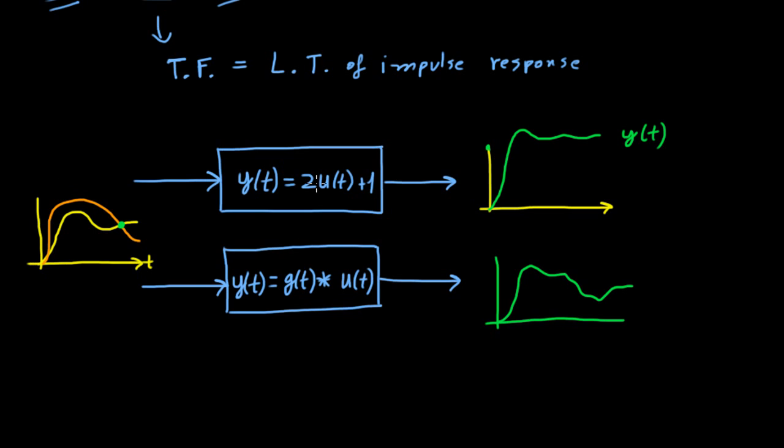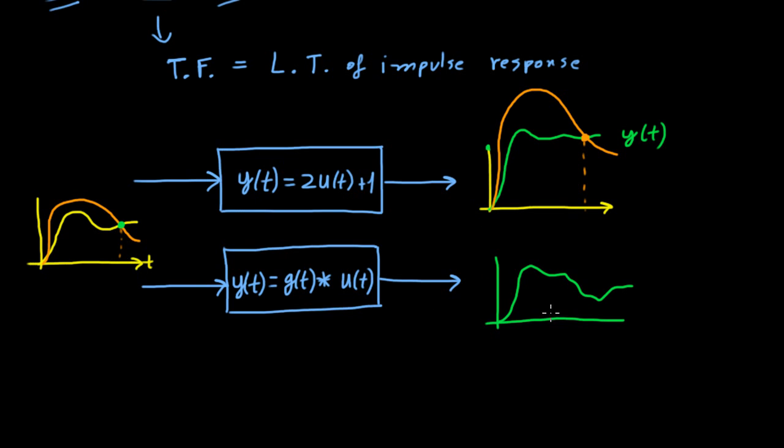Well, in the case of the static system, the two outputs will also be the same at that point, because the output of the system depends only on the value of the input at that particular point of time, and that is why the system is static.